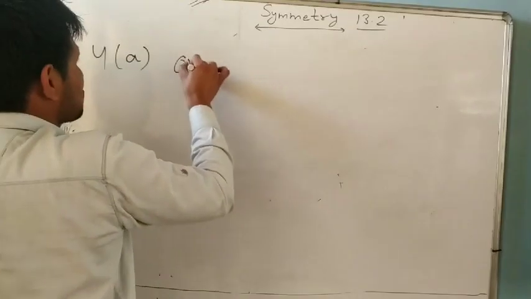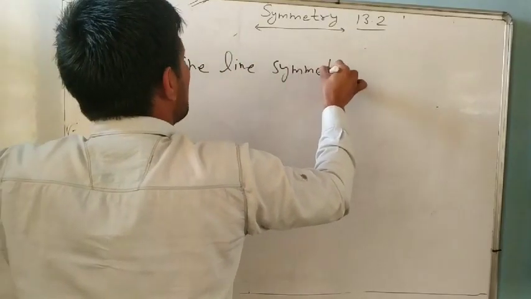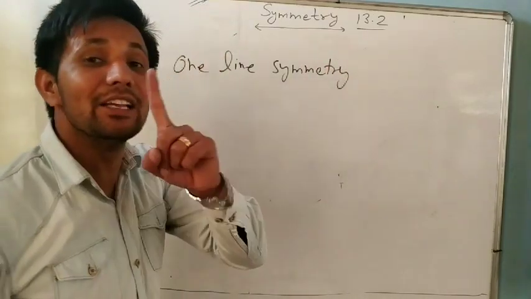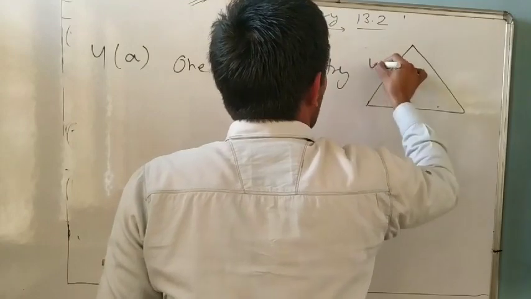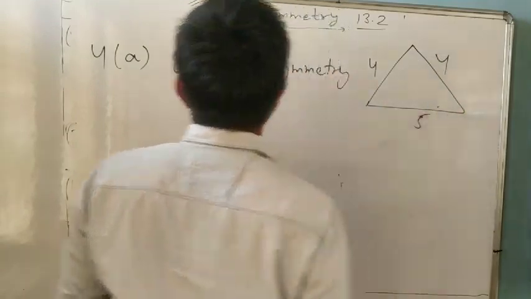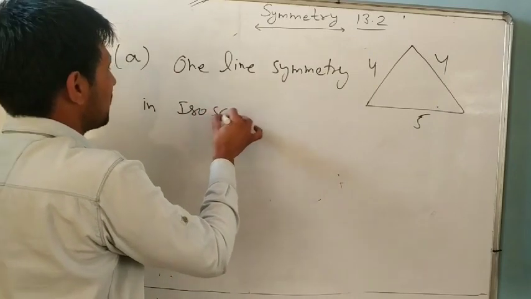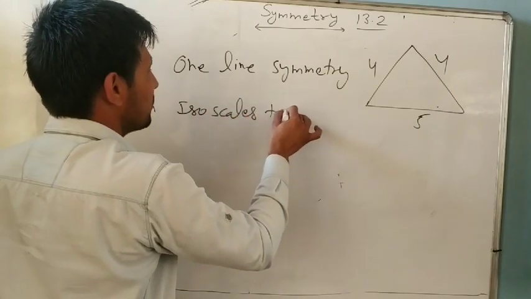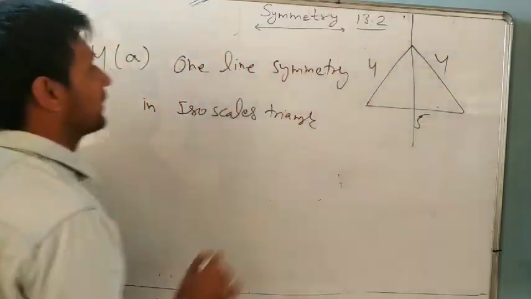One line of symmetry I already told you, in which one? In an isosceles triangle. So you will make an isosceles triangle, 4, 4, 5. So you will make the figure of the isosceles triangle and show its line of symmetry.